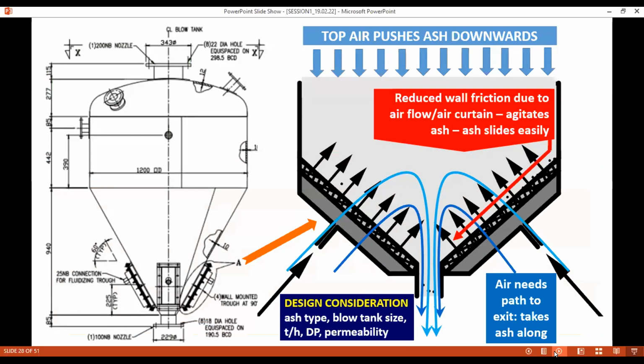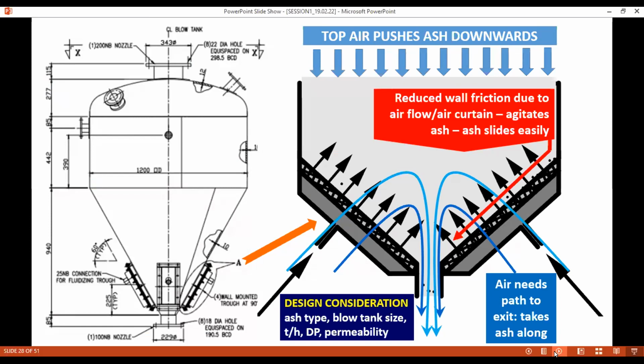Now, the reason for that is that with this fluidization air, you are not just pressurizing your blow tank, you are decreasing the inclined surface friction. The blow tank has two parts. One is the cylindrical part and the other is the conical part.